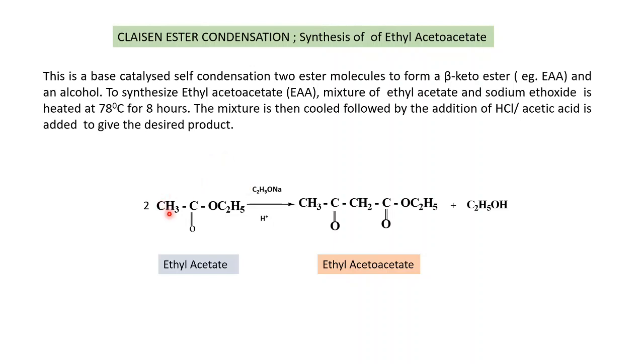So two molecules of ethyl acetate in presence of sodium ethoxide form ethyl acetoacetate, and here you can see a slight amount of H plus ions coming from HCl or acetic acid is also there. We will discuss the role of acid and role of base in this reaction.